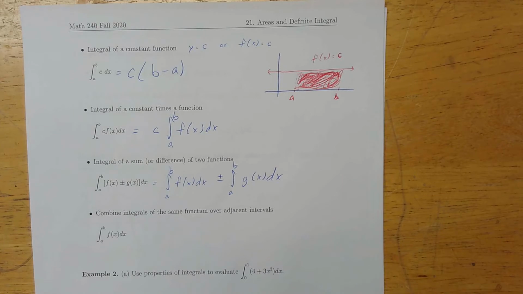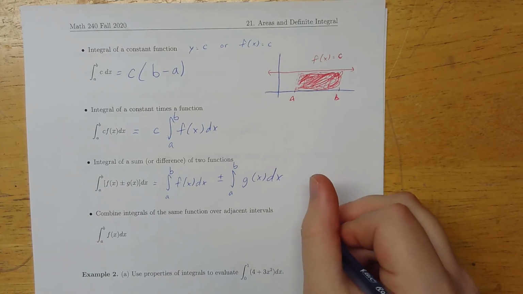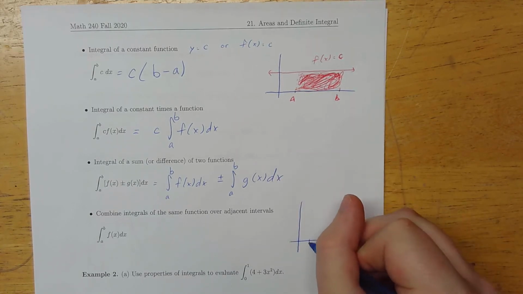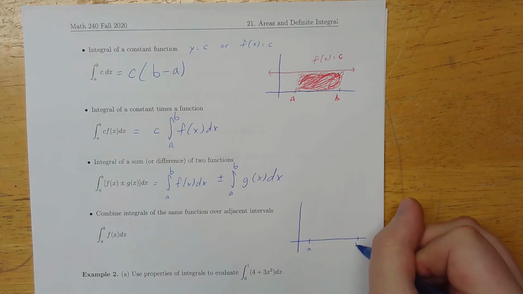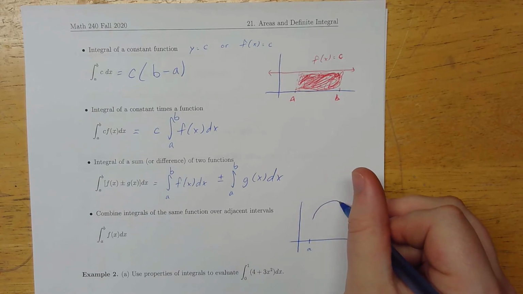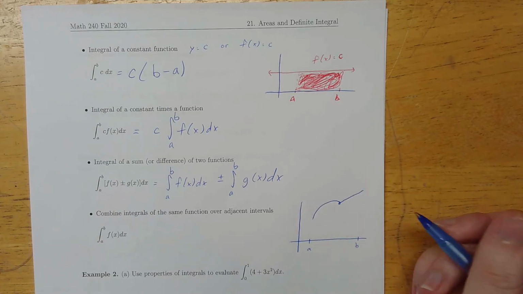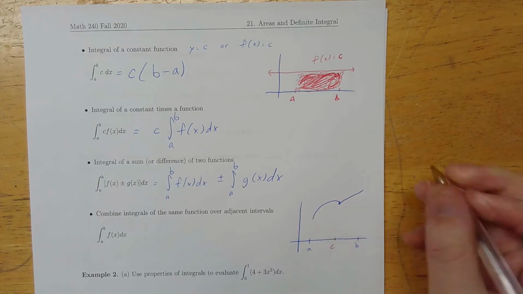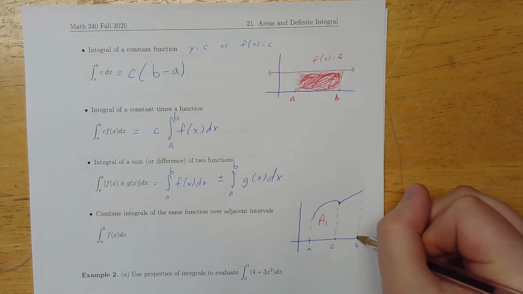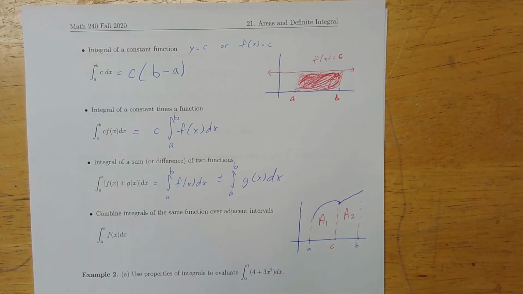And if we ever want to look at adjacent intervals, say we're looking from a to b on some function, but it makes sense to stop at some point in the middle and use a different way of finding the area for a second part. Say there's some point c here, and between these two is some area A1, and between these two is some area A2.